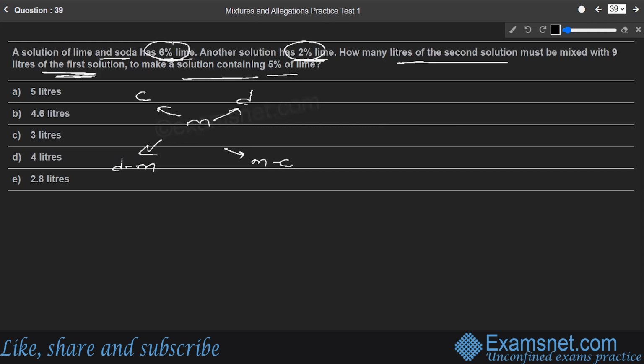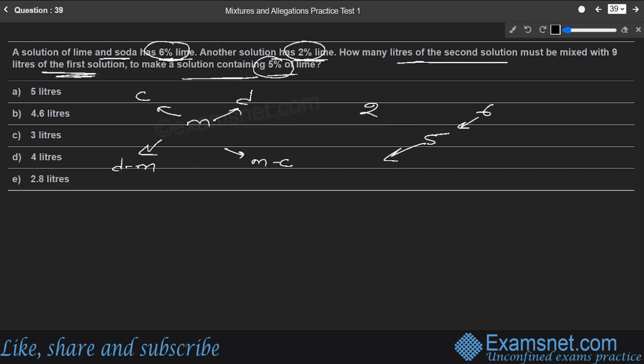And the mean price that we want to make of the solution is that particular concentration which we want our mixture to have, that is 5%. So on the cheaper part we can write 2%, on the higher part we can write 6%, the mean part we want to make as 5. So what should be the ratio?